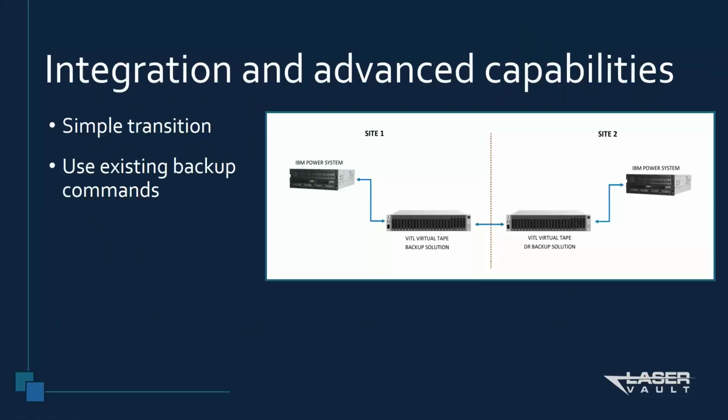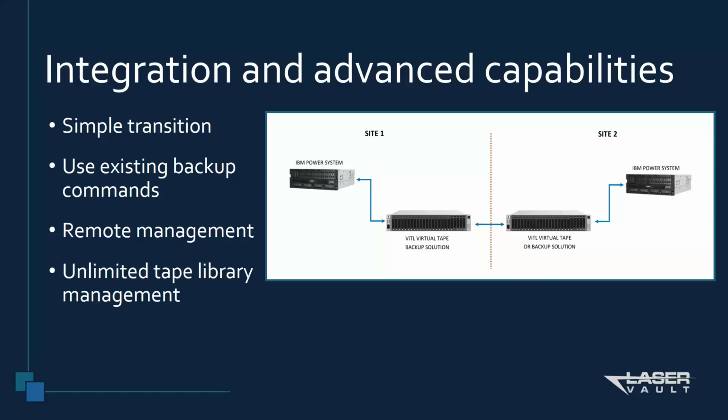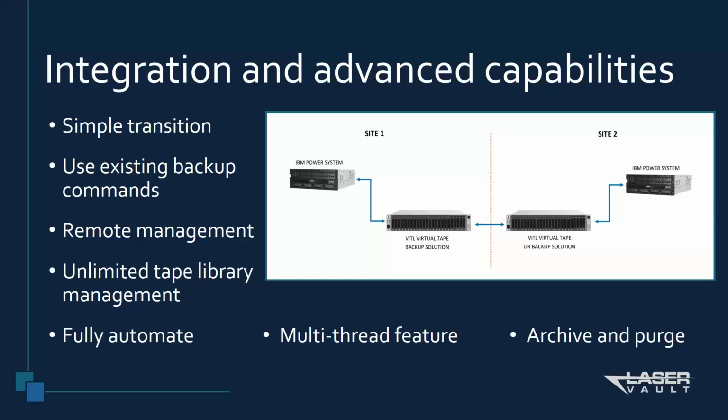So, integration and advanced capabilities of a VTL solution. A simple transition from a physical tape backup to a virtual tape solution, because you can use existing IBM backup commands.